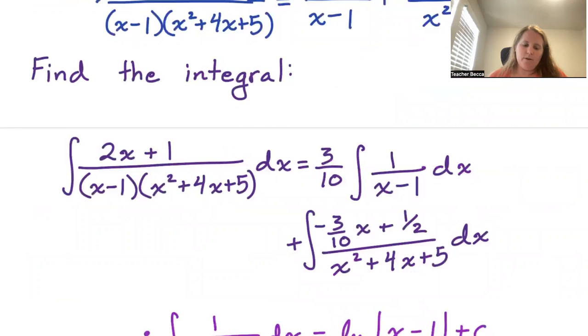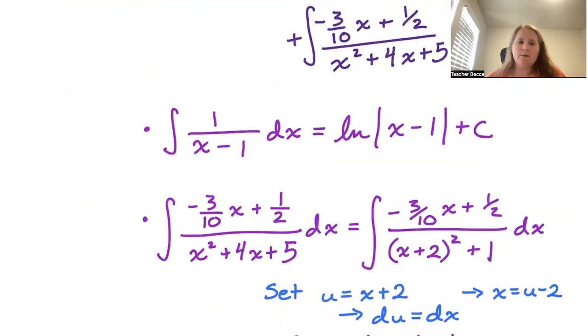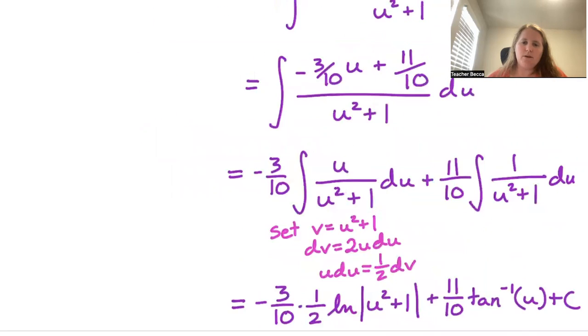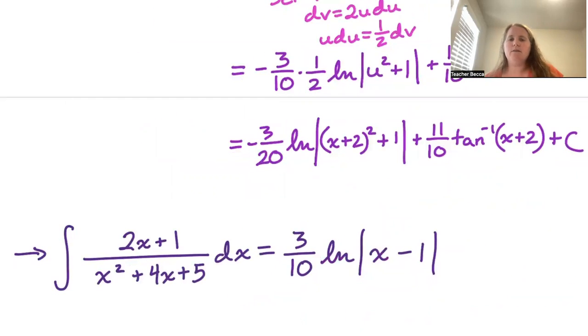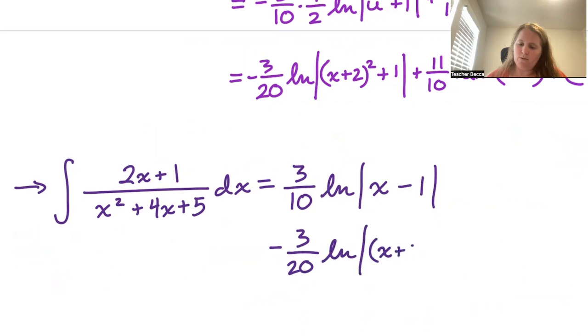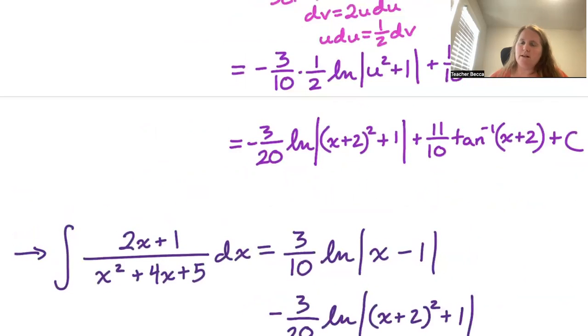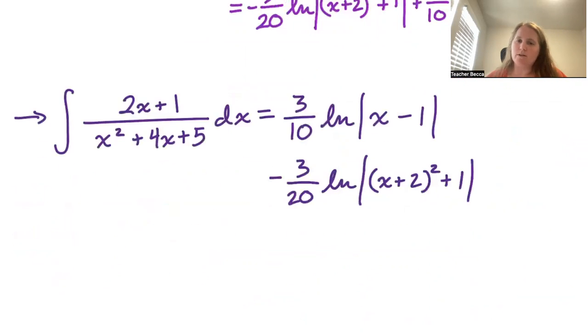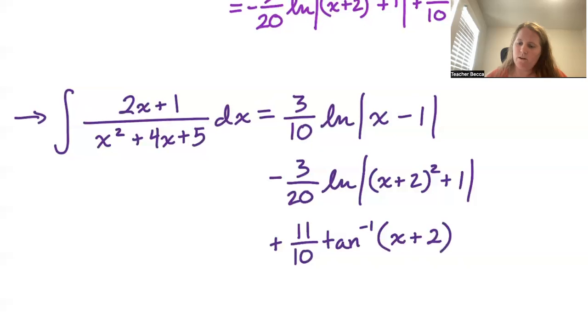And then it was plus the second integral, which we just found to be -3/20 times the natural log of the absolute value of x plus 2 squared plus 1. And then we also had plus 11/10 times tan inverse of x plus 2. And then, of course, our plus c.